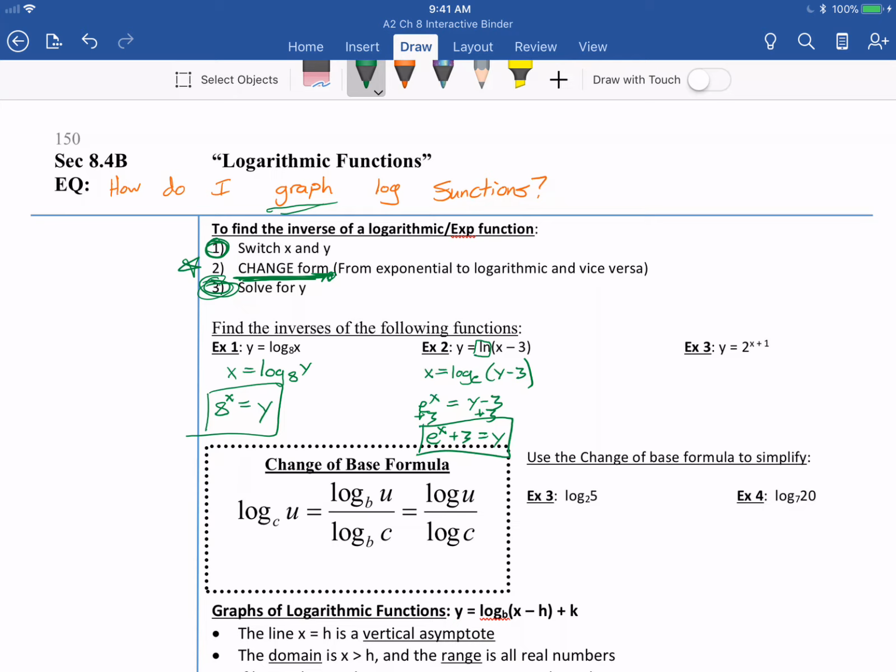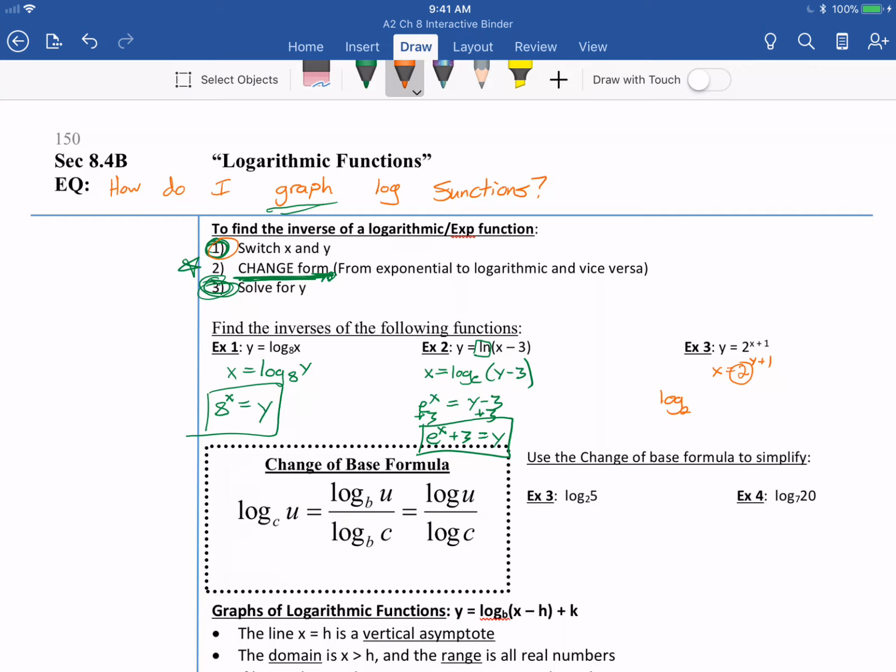All right, awesome. Going on to example number 3, this one is a little bit different because it's in exponent form. So now you have to switch the x and the y, so I get x equals 2 to the y plus 1. All I did there was switch the x and the y. Now I have to switch the form. So when I switch the form into log form, I have to make sure I put in a log. My base of my log is going to be the base of this exponent, so that's 2.